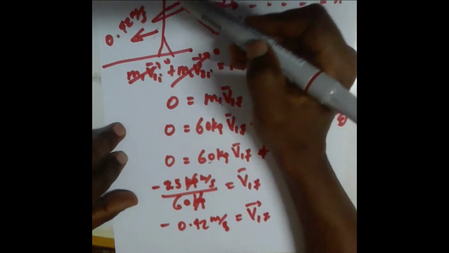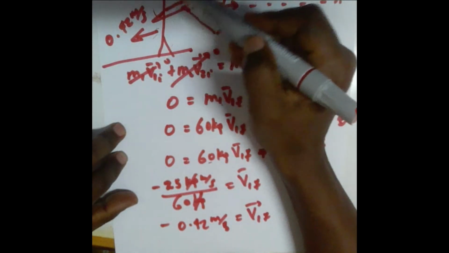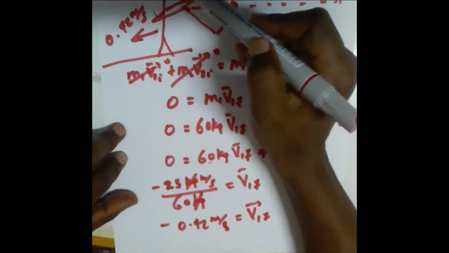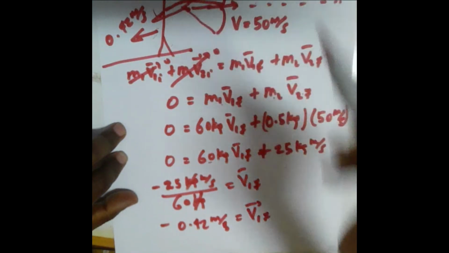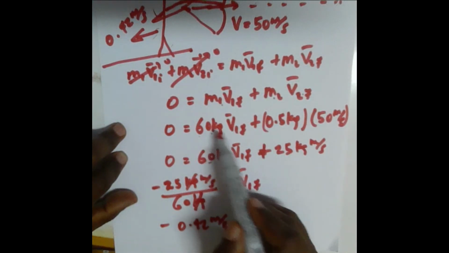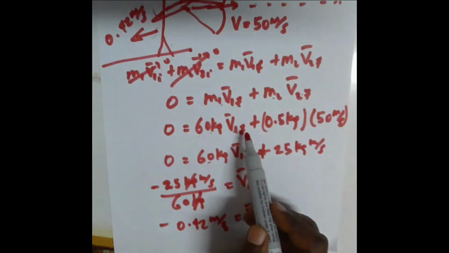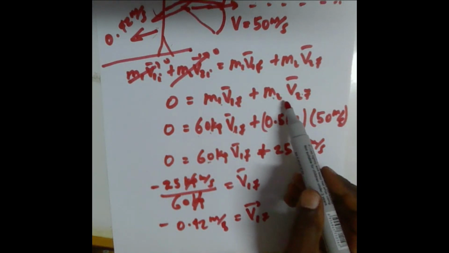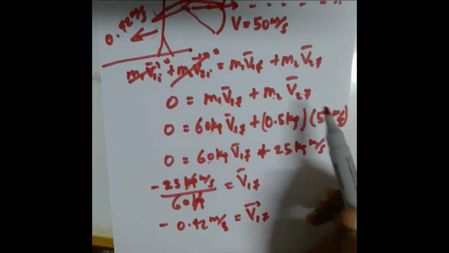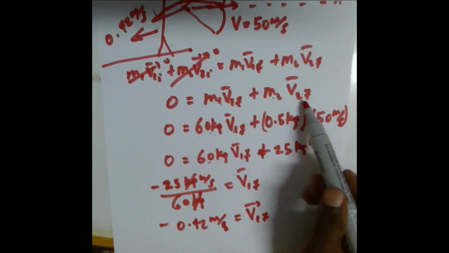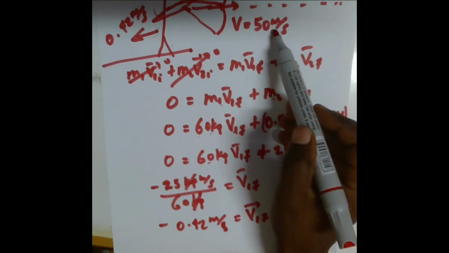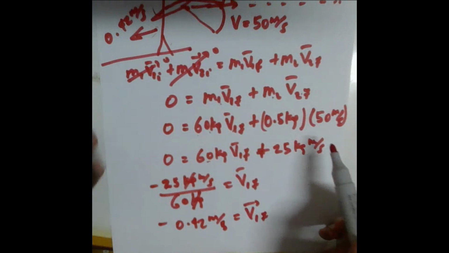Let's say the mass of the person, which is 60 kilograms, is m1, times v1 final, which is unknown, and the mass of the arrow, which is 0.5 kg, multiplied by v2 final, which is known, 50 meters per second.